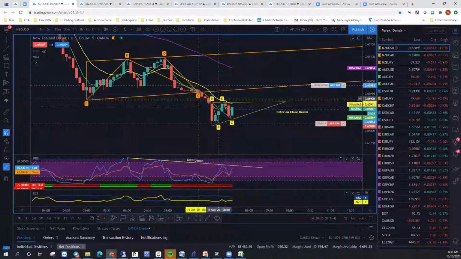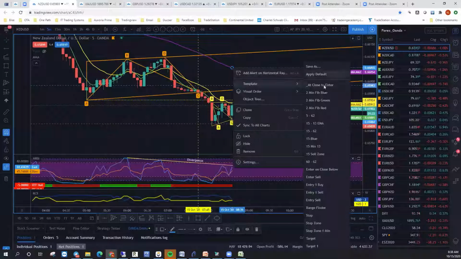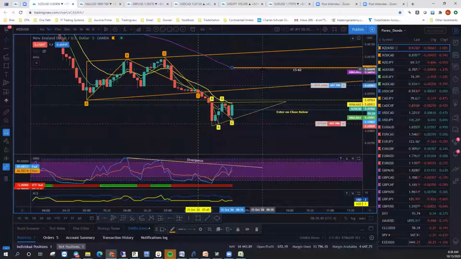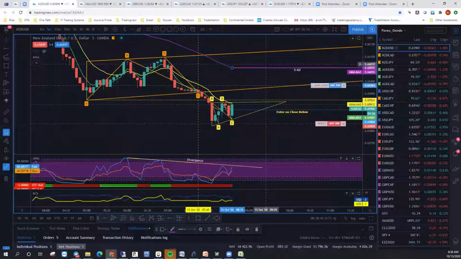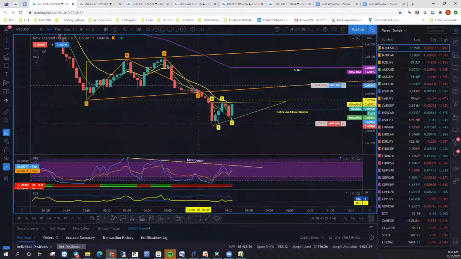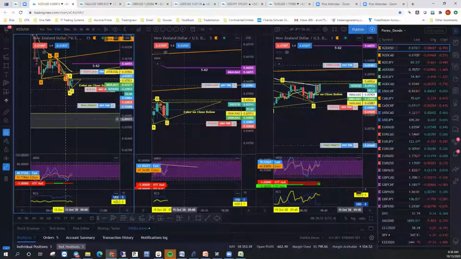So if I get stopped out, I'll be looking to possibly re-enter if it gets back up in this area. This is the 5 minute 60. Oh, wrong one, 5 minute 62. Let's go over to the 15-minute chart and see if that's telling us anything new. The dollar is still strong to the downside.